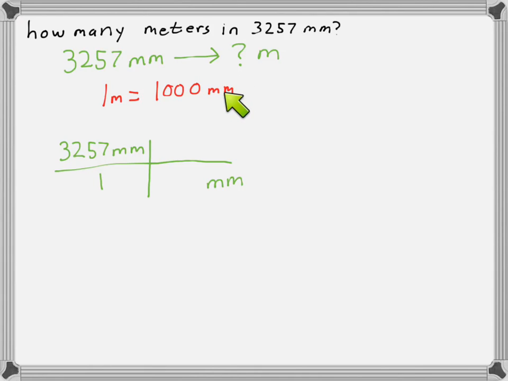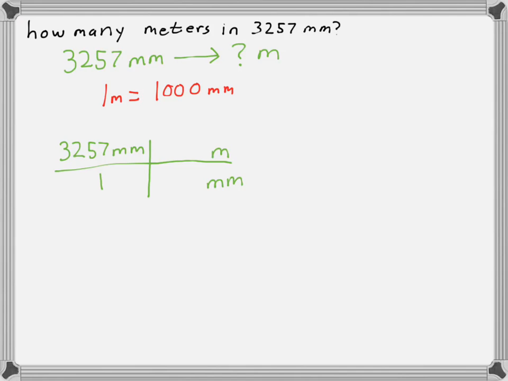So I have millimeters here, and I have meters here, which means I can go directly from millimeters to meters. This becomes very important when you look at multiple step conversions, but in this case we're only doing a single step, so it's very easy. I have millimeters down below, going to meters, so I can put millimeters here, and I can put meters directly above it.